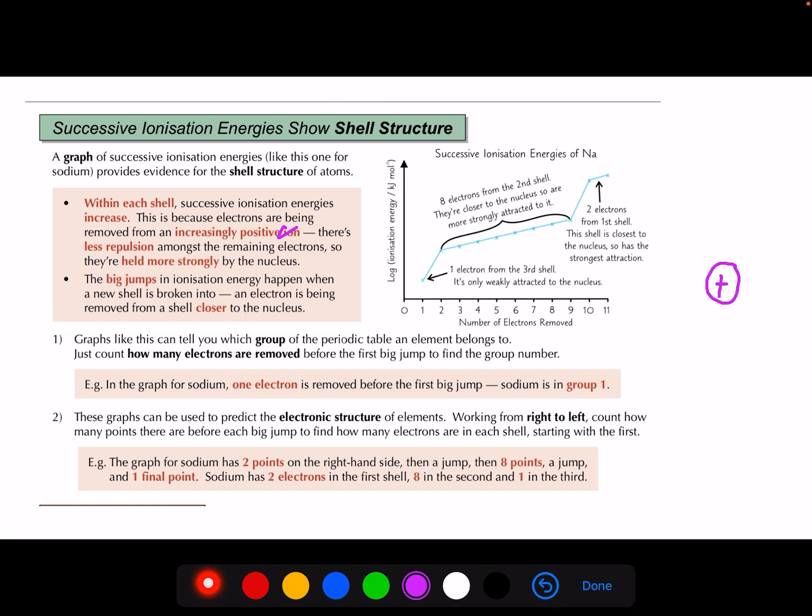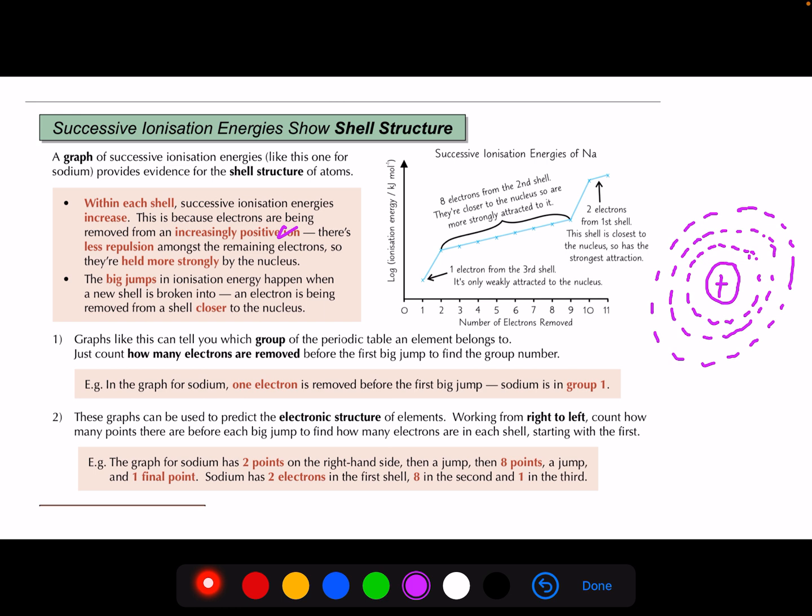That's the nucleus. I'm just going to draw a diagram for sodium. That's the first shell, that's the second shell, and I will fill them up now with electrons, and that's the third shell. Sodium, okay?